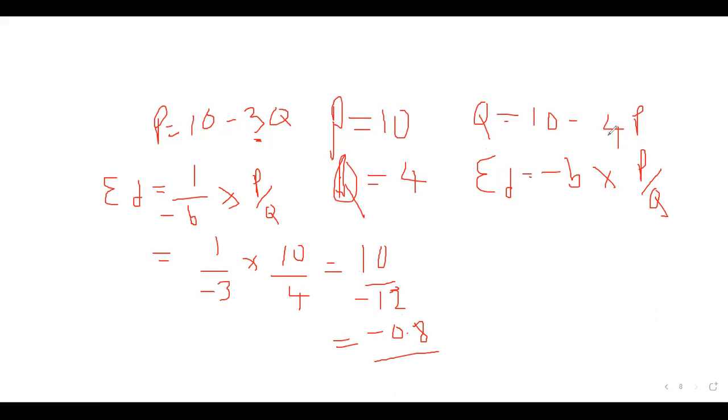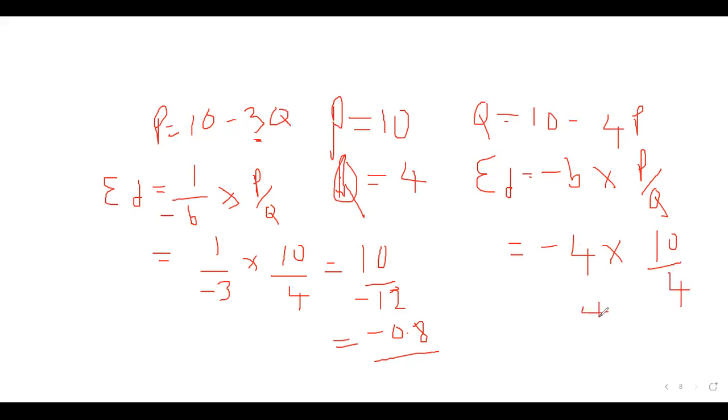Here our B is simply the number that comes before the letter. It is 4. But we're not going to use the inverse formula because this demand is called a direct demand. So here we're simply going to get negative 4 times price, which is 10, and our quantity, which is 4.